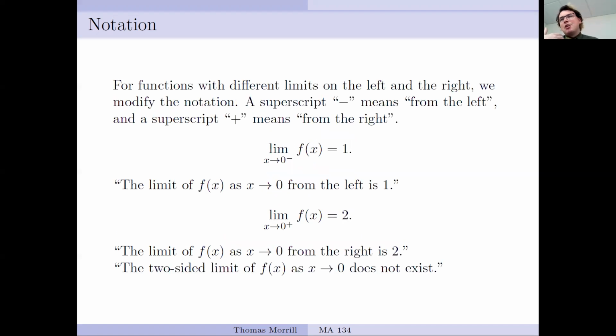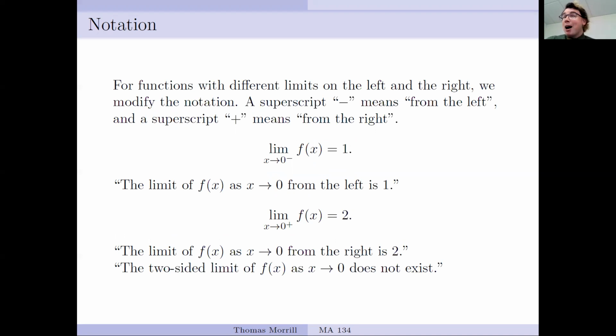Now, there were those piecewise functions that were doing different things from the left and from the right. And that's still valuable information, even though the limit doesn't exist as a singular coordinate.